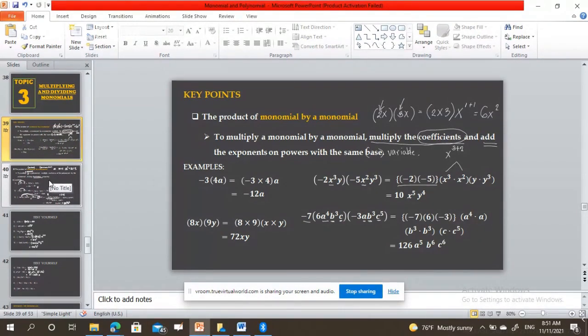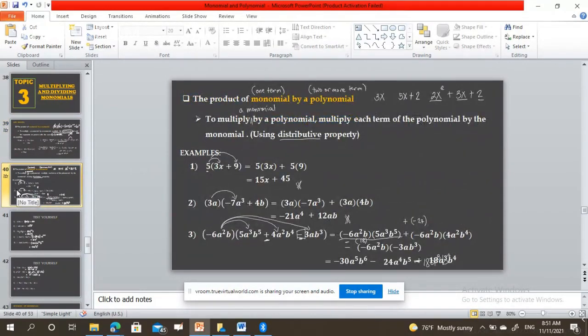So it is monomial. Another one is multiplying a monomial by a polynomial. What is the rule for this? Yes, teacher, please read the rule.